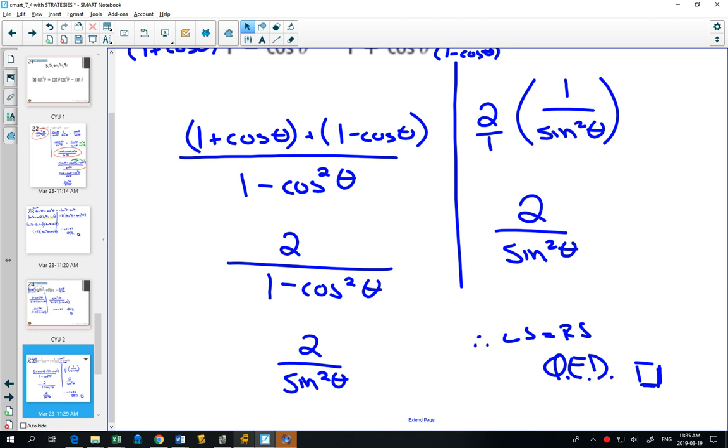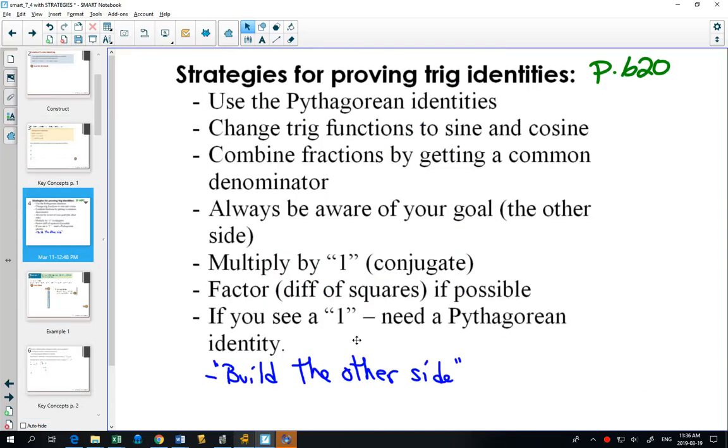So I have these new strategies and old strategies all summarized on a page for you. On page 620, I think you have a blank page in your booklet. I'm going to put a number 1 beside those 2.